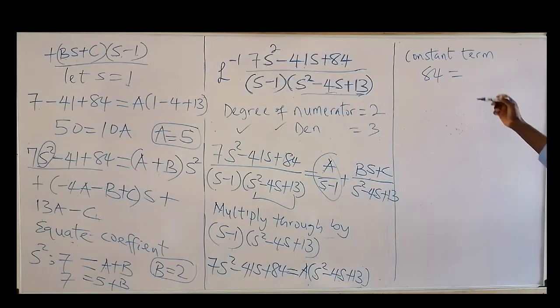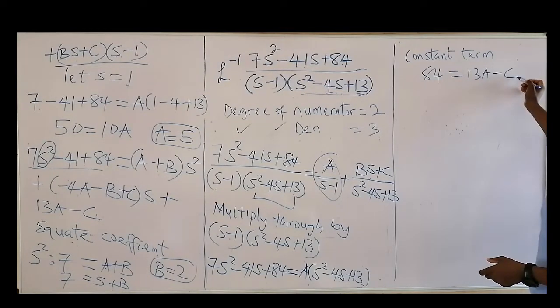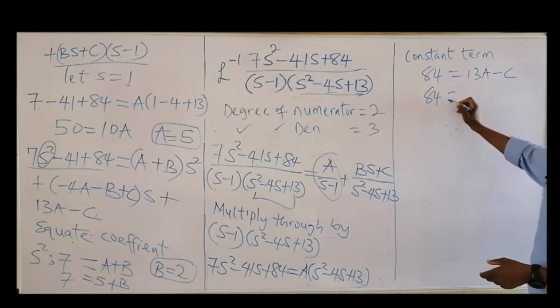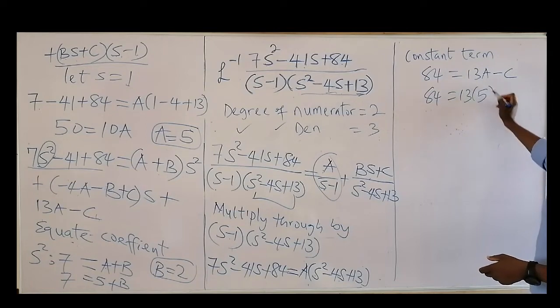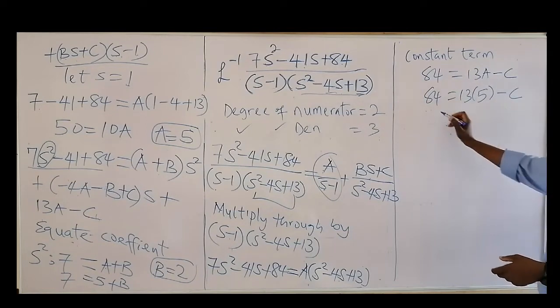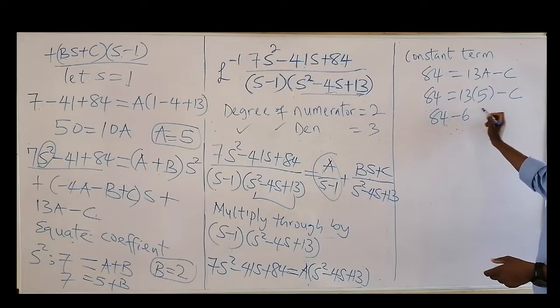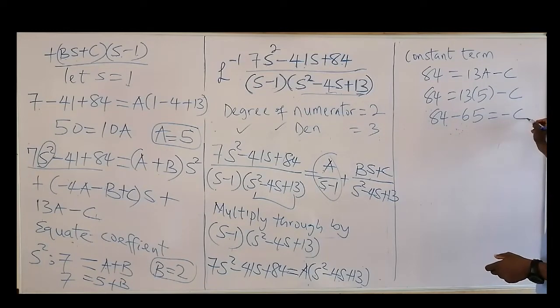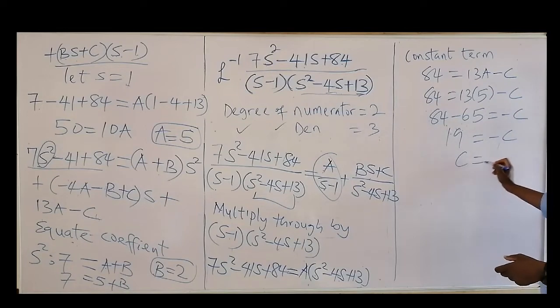So equate the constant terms. We have 84 equal to 13a minus c, and that will be 84 equal to 13 times 5 minus c. That will be 84 minus 65 equal to minus c, and that will be 19 equal to minus c. So c is equal to minus 19.